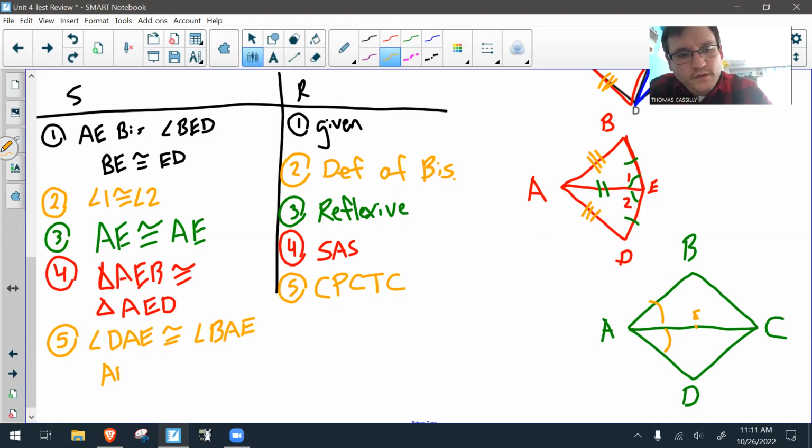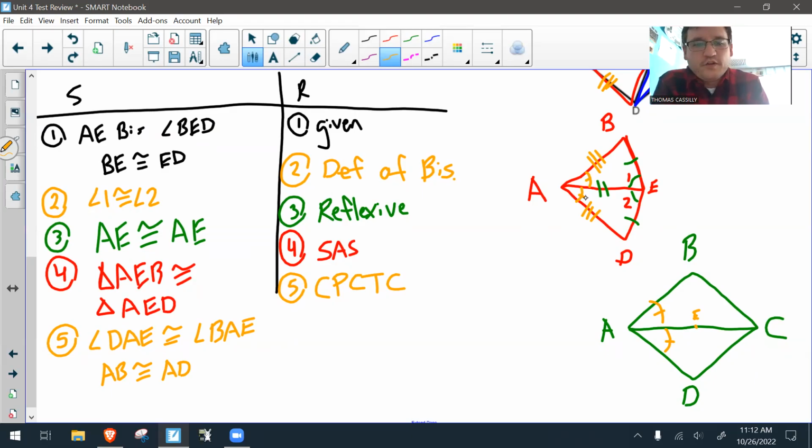So AB is congruent to AD. All right, and we know that again by CPCTC, right? We showed that the red triangles were congruent through SAS, and we used CPCTC twice now to show that these angles were congruent. So we got an angle and we have a side.